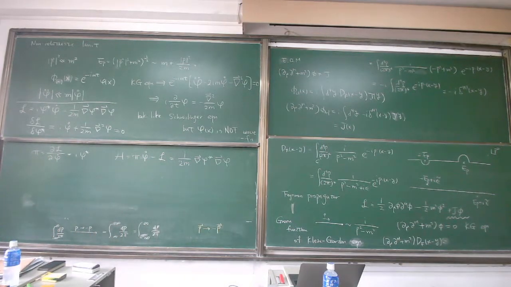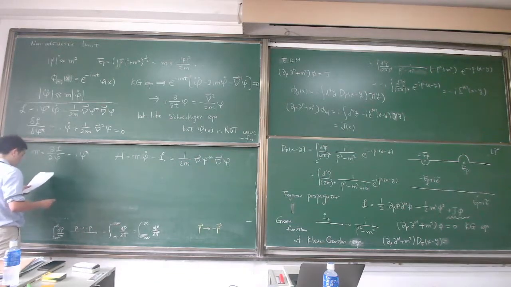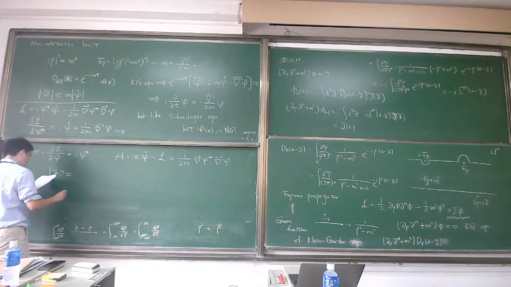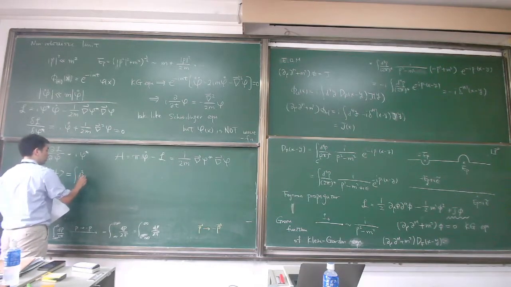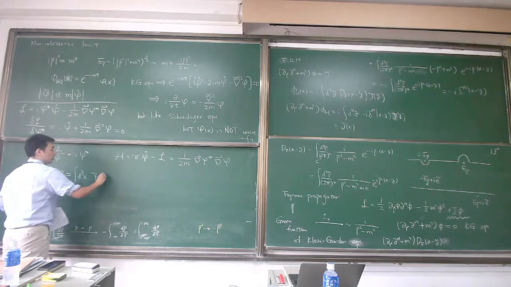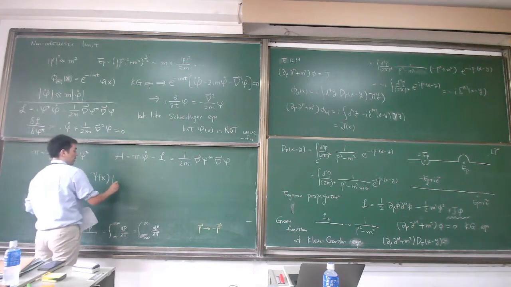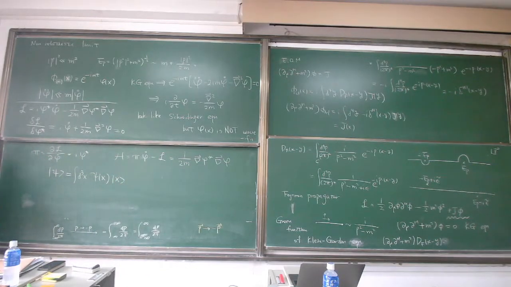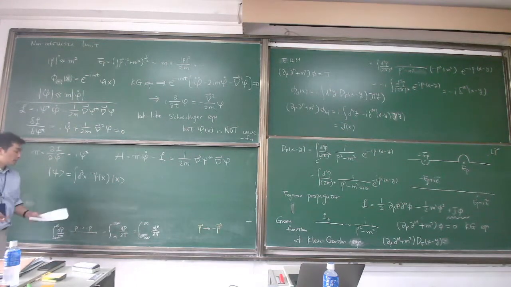And then the wave function can be understood as follows. The wave function psi can be understood as the spatial integral, where you introduce the wave function, and x is the one-particle state in coordinate space.